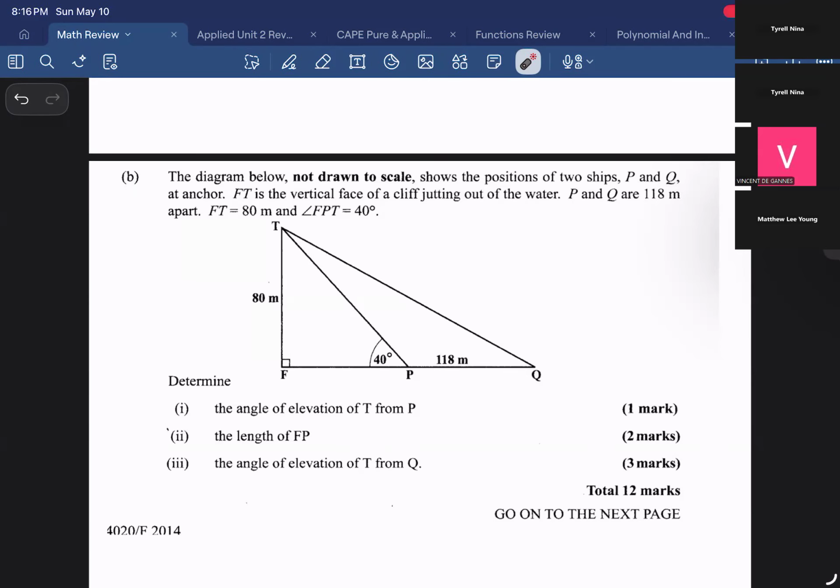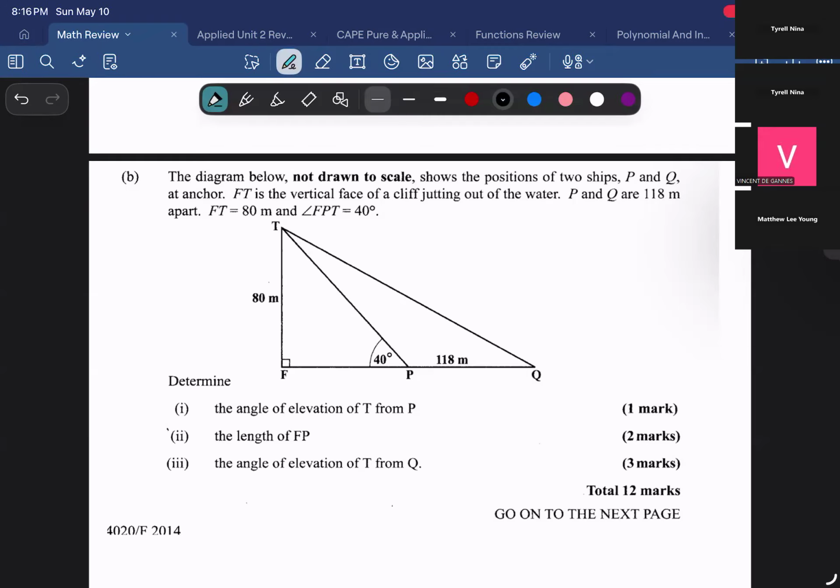All right, so it looks like you're having a little trouble, so let me give you a little etiquette on how to answer questions. Whenever you're given a diagram like this, I just pull out everything I can first.